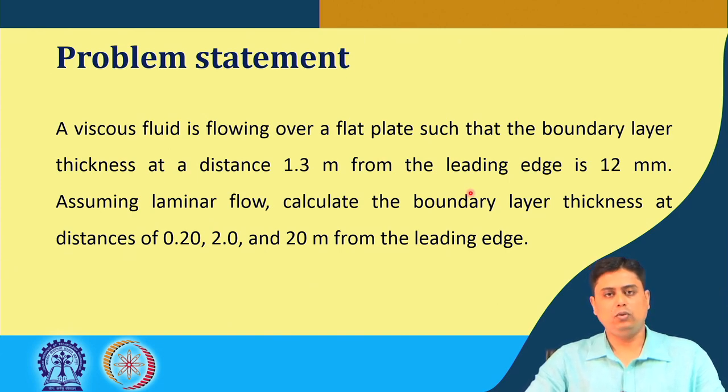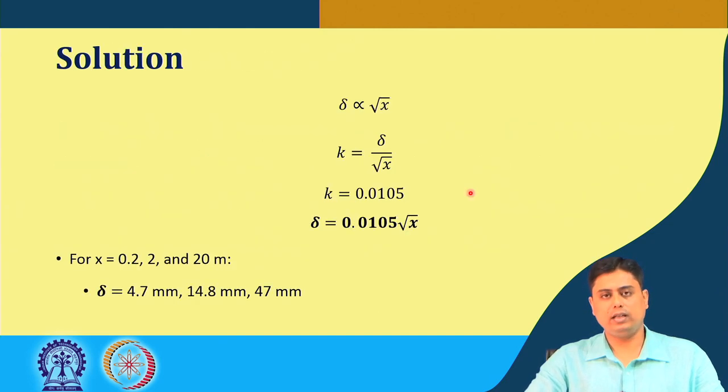For a given value, we first calculated the proportionality constant, the relation between delta and root over x for laminar flow, and then replacing the values of x, we found the values of delta in these cases. Very simple problem. I hope you have understood.